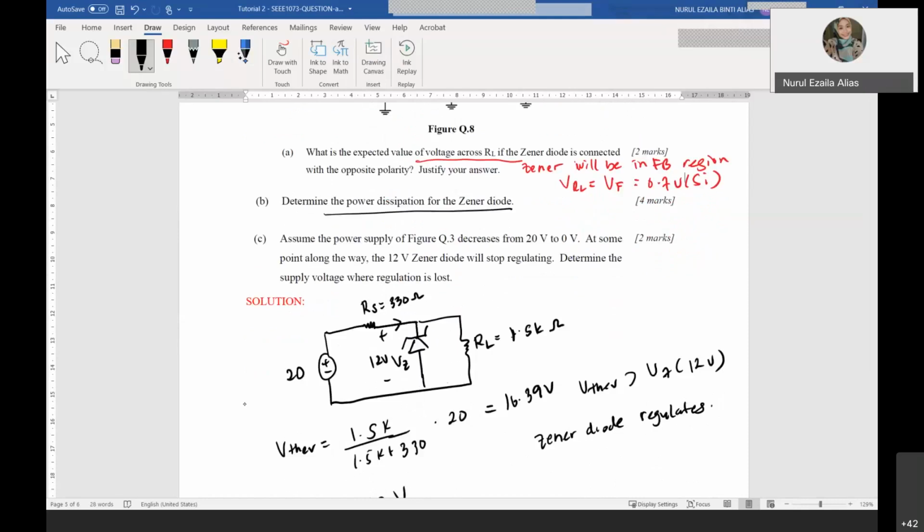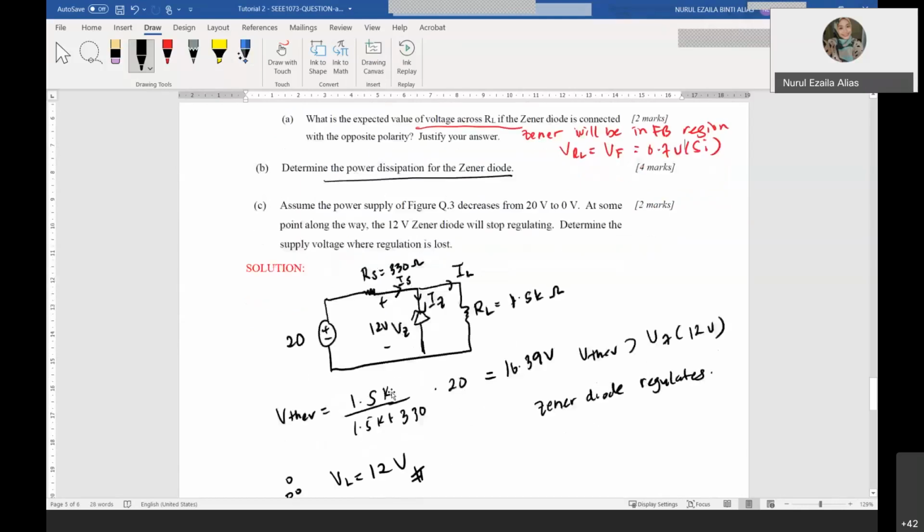So I need to redraw a little bit lower here. So this is IS, and this is IL. They want the power dissipation at the Zener diode, so you need to find IZ.